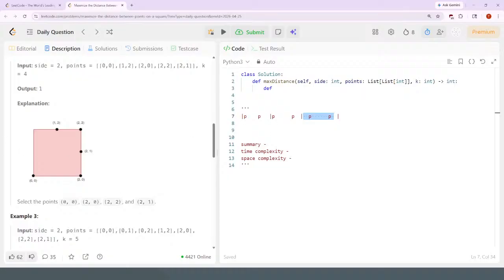And there's no way for me to make an easy drawing here. There's a point here. So 1, 2, 3.